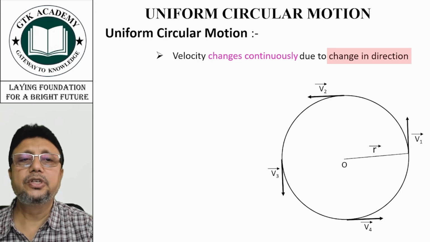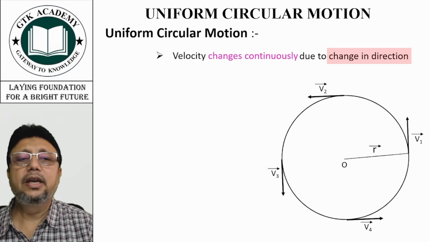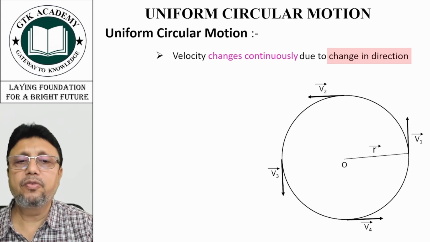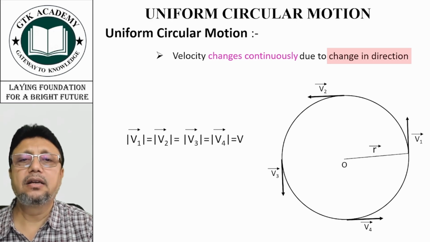In all these positions, only the direction of the velocity changes, its magnitude remains constant. What do we mean by that? That |v1| is equal to |v2| is equal to |v3| is equal to |v4| is equal to any value, say v, something like that.